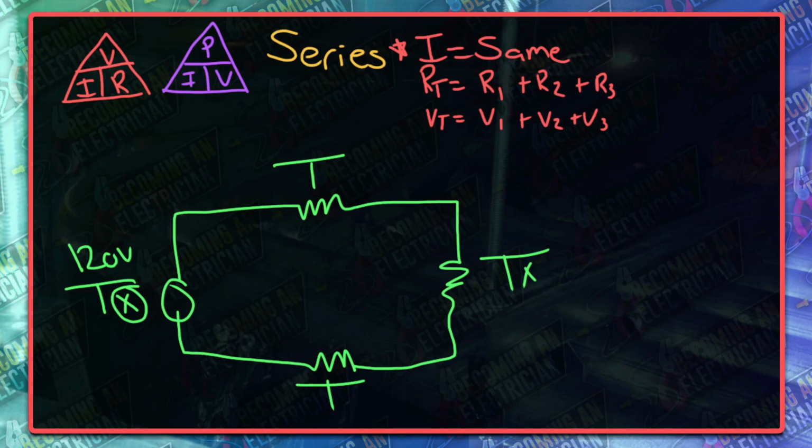One last thing I'll quickly say about series, because you might be wondering, where do we use series in the real world? Let's say we have a 12-volt source, but we have a resistor that needs to be 5 volts.